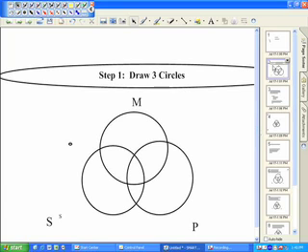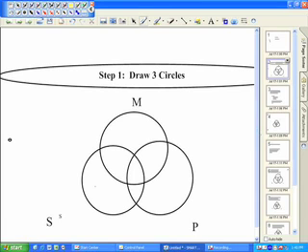It's exciting. Three circles. Whereas initially we used Venn diagrams to divide reality into 4 areas, now we're dividing reality into 8 areas, right?